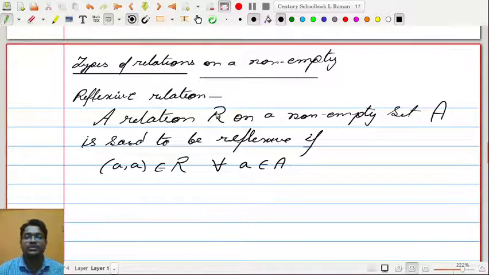Such a relation is called a reflexive relation.